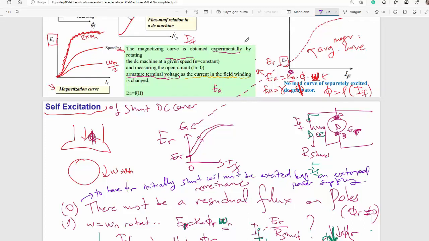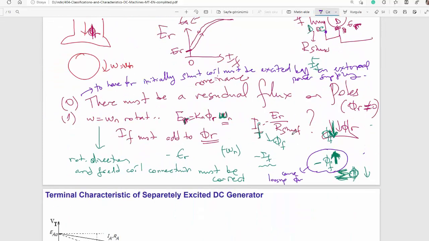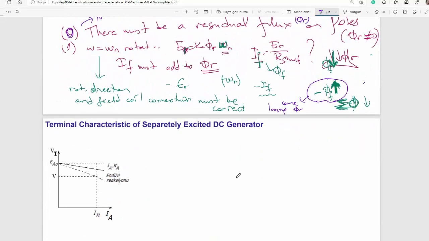You want to induce electric power, so you need an external power to make initial excitation. You connect the shunt coil to an external power supply, and then there is a field current, and that field current will produce a residual flux, zeroth condition. There is a residual flux right now, which is phi. And then we rotate the machine in the correct direction, and then we have induced electromotive force.